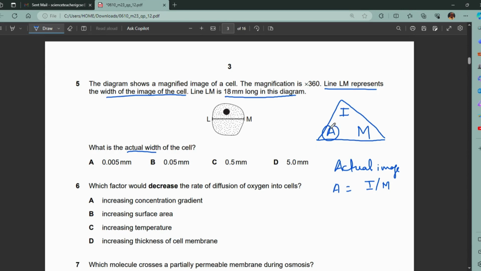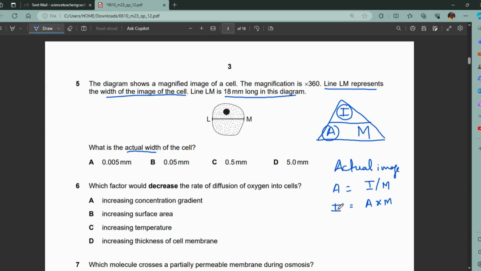How do I know this formula? You just need to draw a line. This line shows the division. So when I want to find out A, it's I by M. But if I want to find out the image width, I hide the I, and A and M are visible, but there is no line between them. So remember, A and M is multiplication.